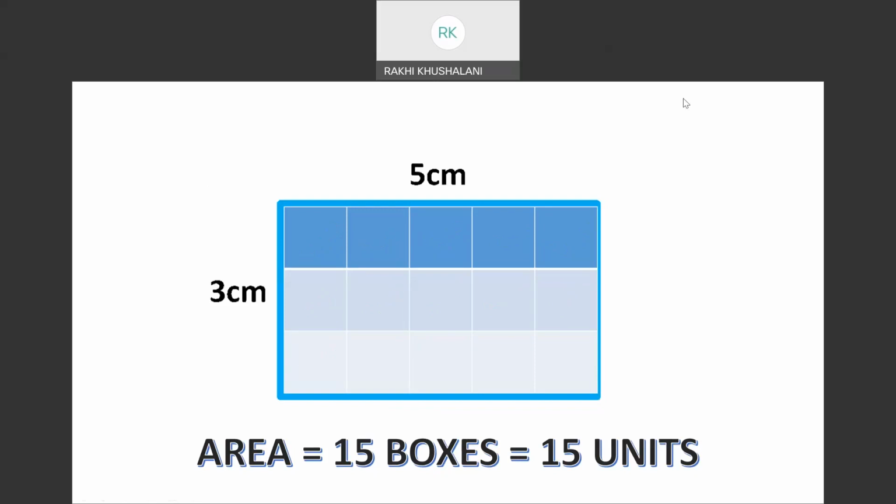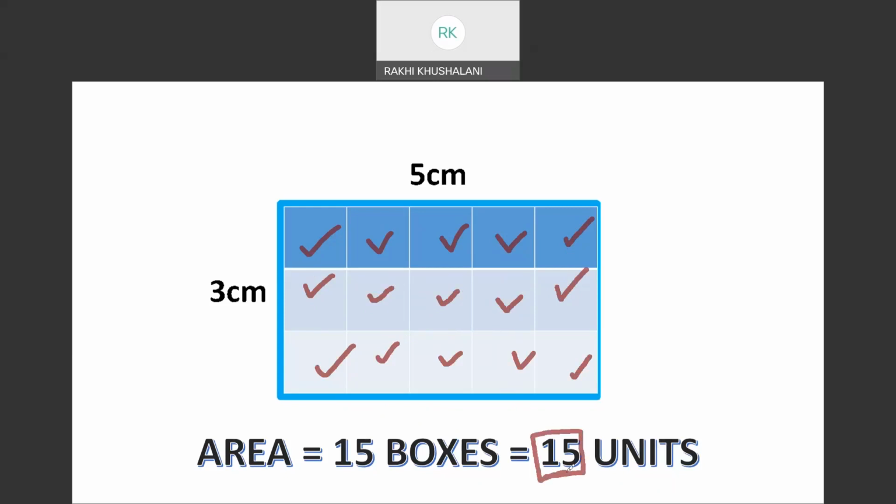Yeah, now it should work. So it goes on like this. I counted and it's giving me 15 boxes. Okay, so here is 15 units.